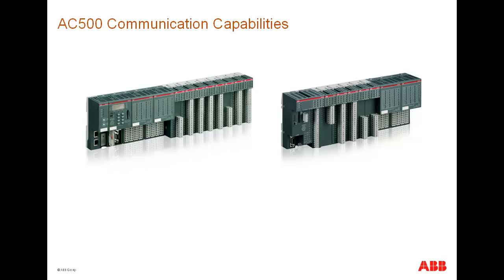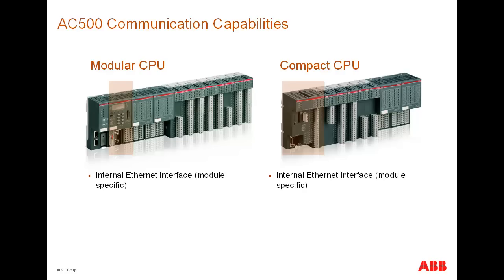Perhaps you might be aware that the AC500 PLC controllers are available in two variants, namely modular CPUs, for instance the PM583, and compact CPUs, for example PM554. The compact CPUs come with one built-in Ethernet interface and one COM port, typically called COM1.